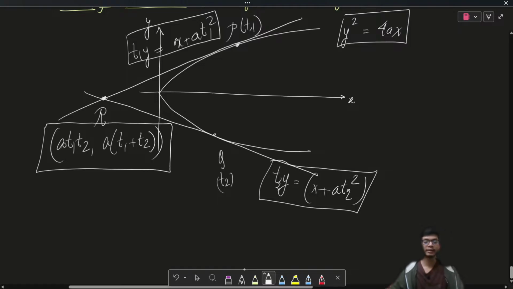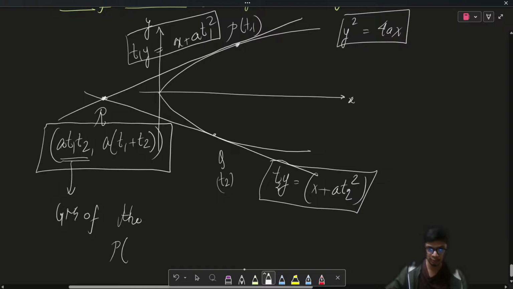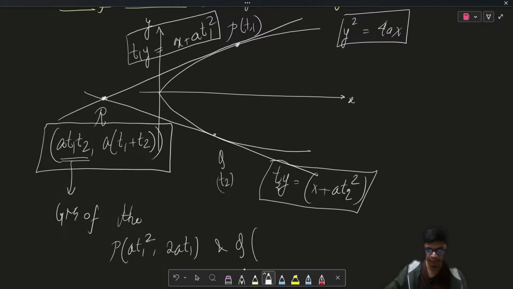Okay, so the coordinate of R is given as (a t1 t2, a(t1 + t2)). Now it is interesting to know that this x coordinate is basically the geometric mean of the x coordinates of point P, which is (a t1 square, 2a t1), and point Q, which is (a t2 square, 2a t2).